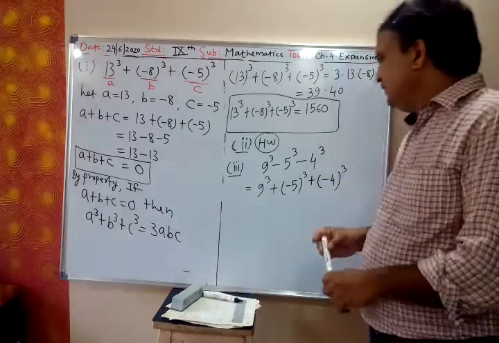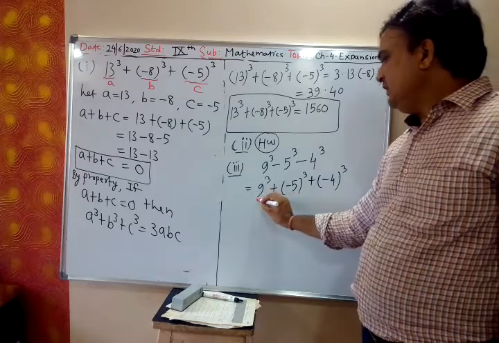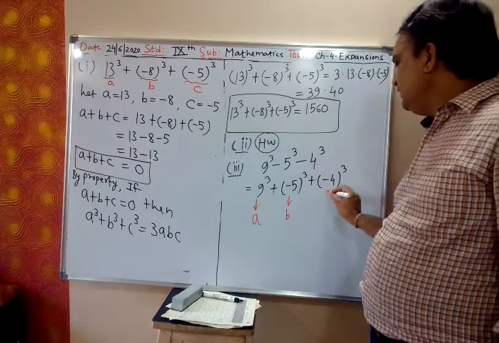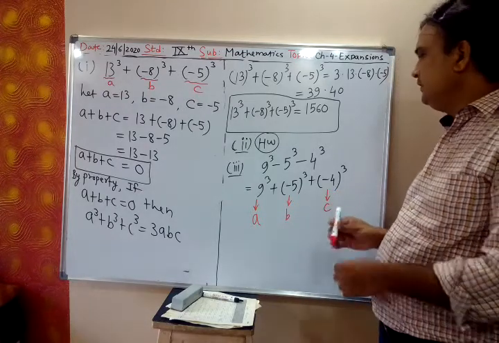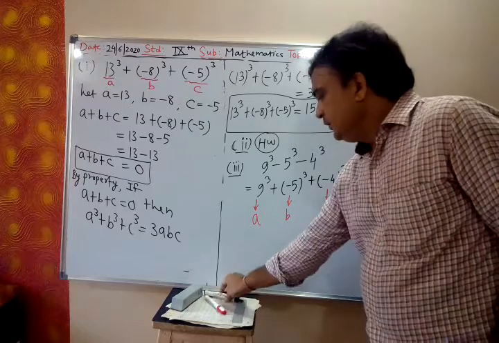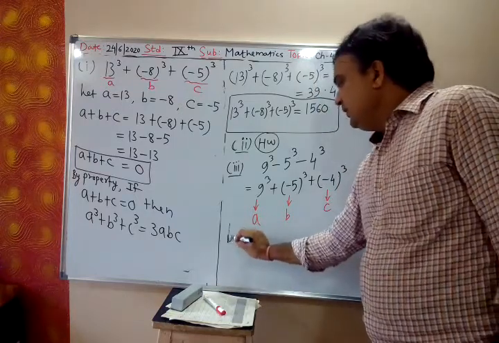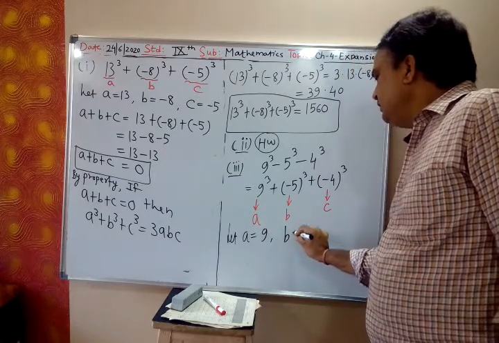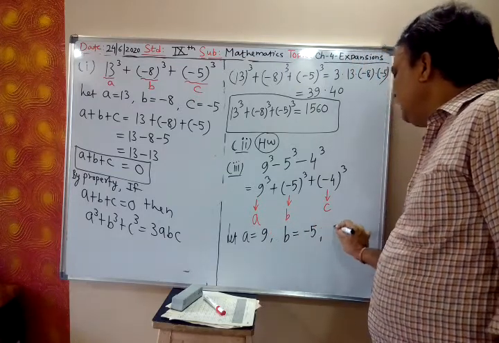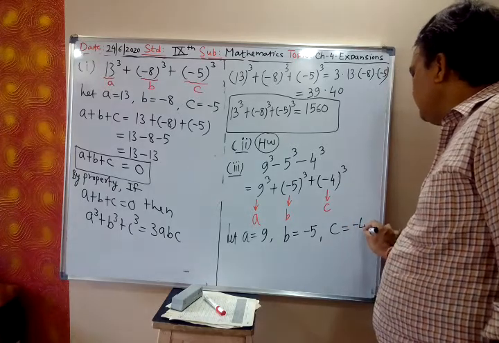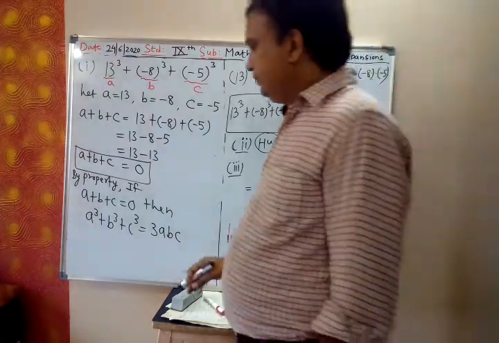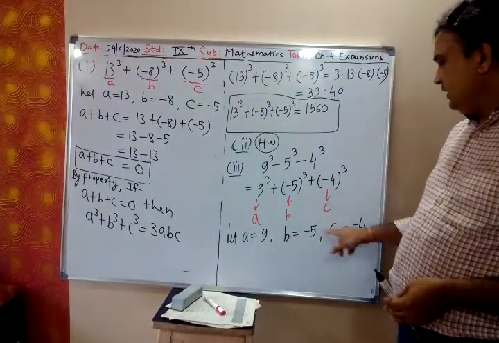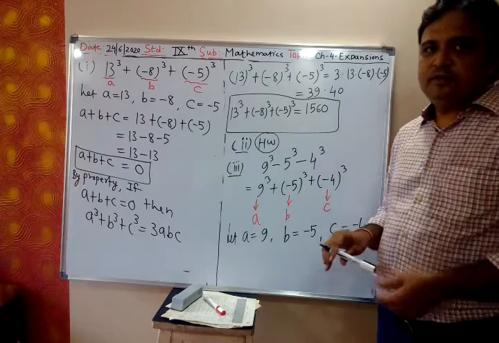Now I will take 9 as A, minus 5 as B, and minus 4 as C. So we consider A is equal to 9, B is equal to minus 5, and C is equal to minus 4.